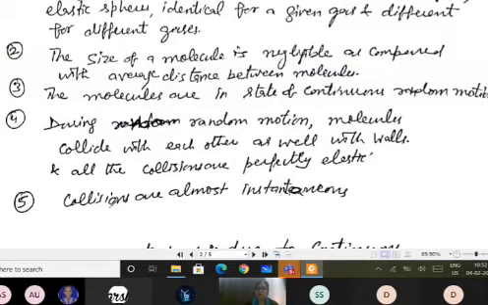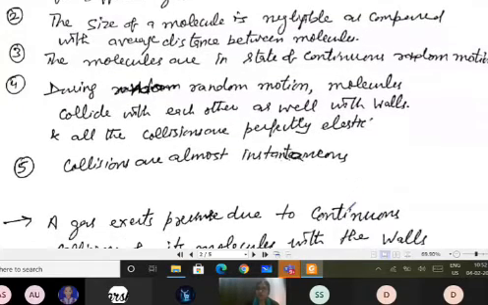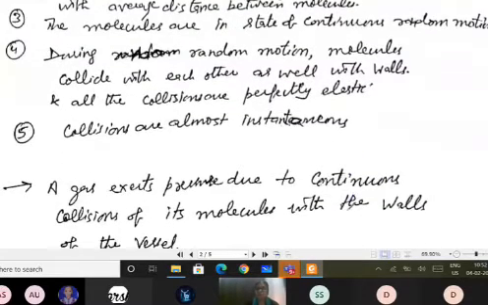The most important point with you is that these collisions are instantaneous. Instantaneous means there is no time lag between collisions. So these are the important points for the assumptions which are to be taken by you.